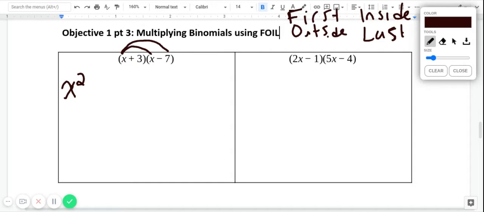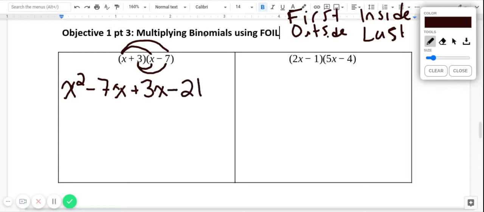Do you see how this is just the distributive property? So I'm going to take x times -7, which is -7x. And now I'm going to do the same with this 3. I'm going to take this 3 times the x, and then the 3 times the -7. So we're going to take 3 times x, which is 3x, and then 3 times -7, which is -21.